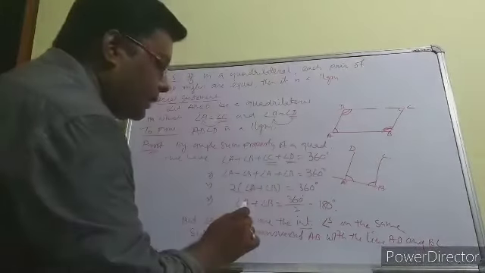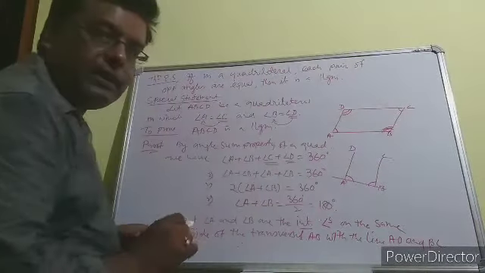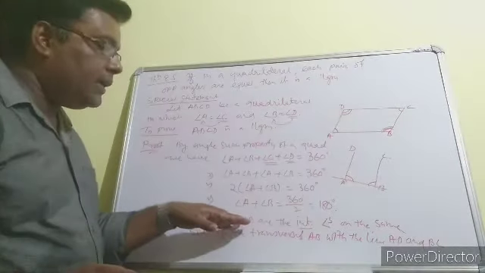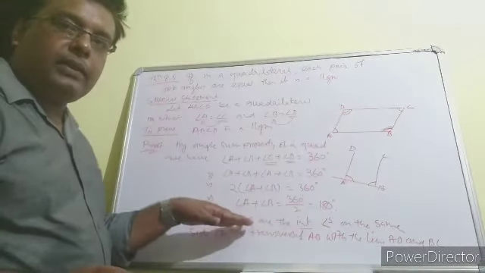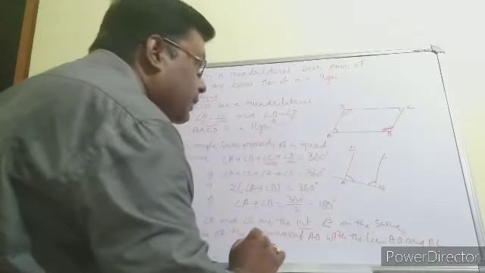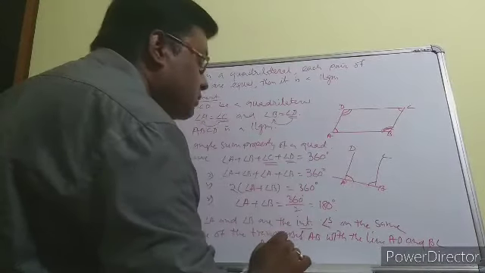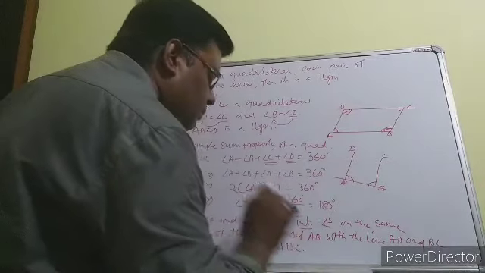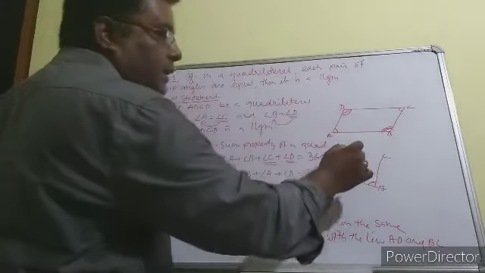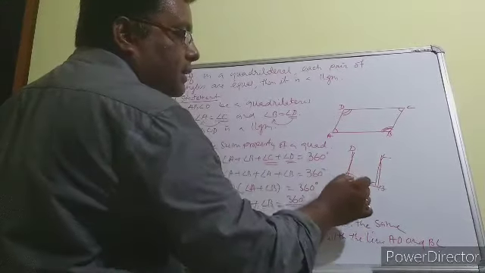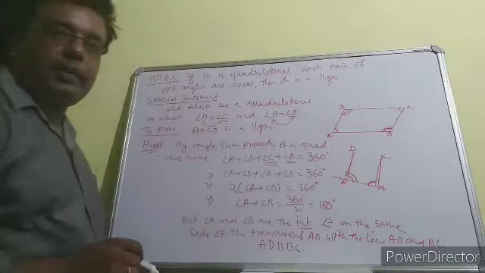Therefore, angle A plus angle B equal to 180, they are supplementary and they are interior angles on the same side of the transversal. Therefore, AD is parallel to BC, because they are supplementary.